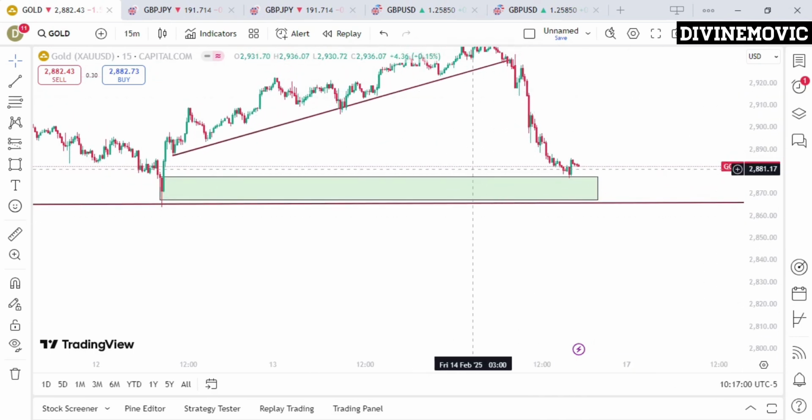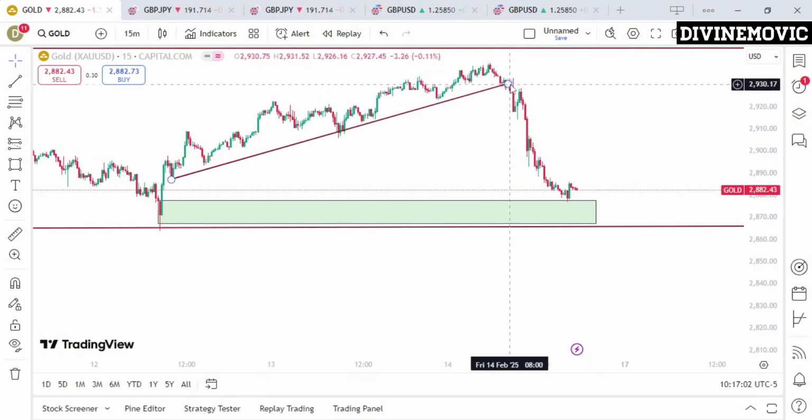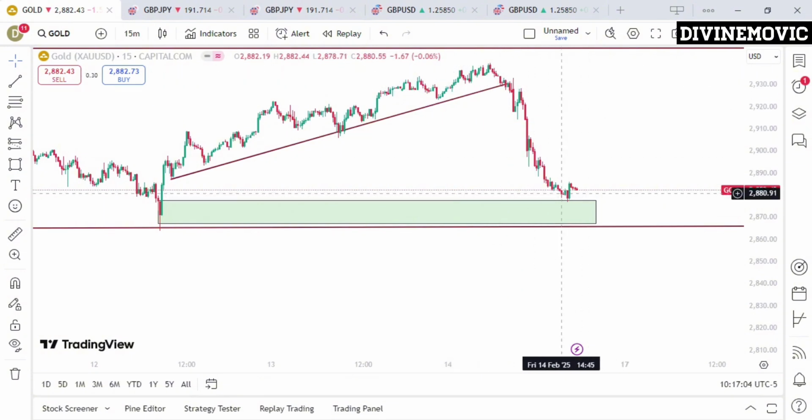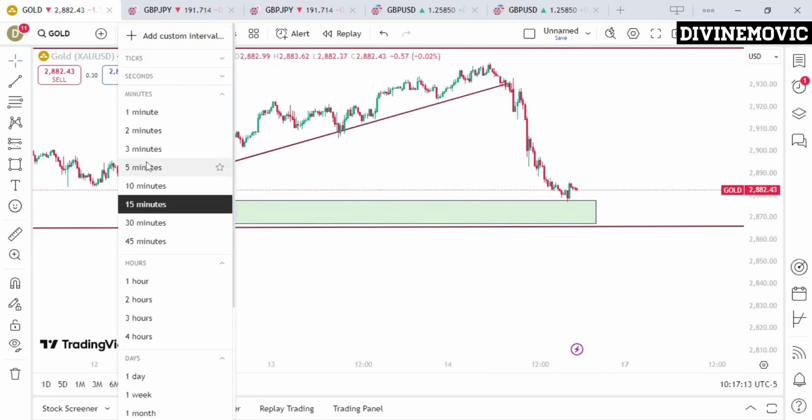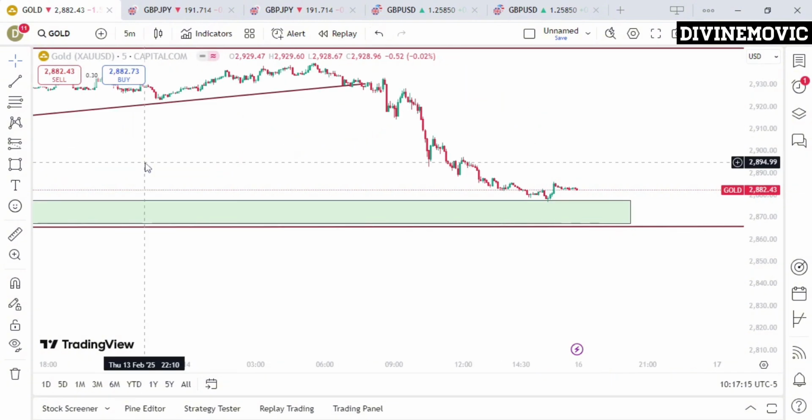However, let's understand how price moved from this particular high to this low to know if this place is going to hold or not. And for us to do that, we want to simply go to the 5 minutes time frame and understand how price is moving.